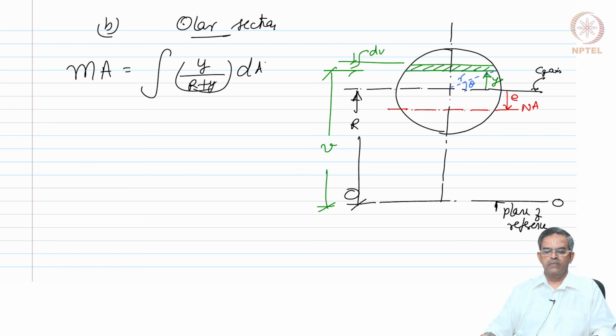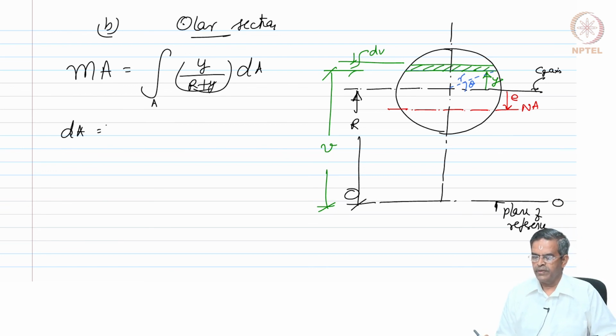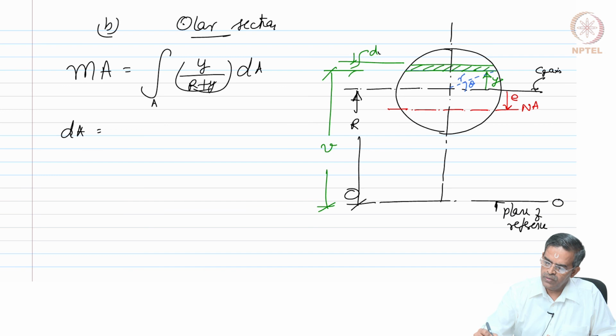We have to use this over the area A. Now, let us find out what is dA. dA is going to be the width of the strip times dy.